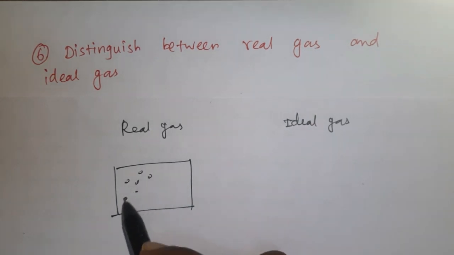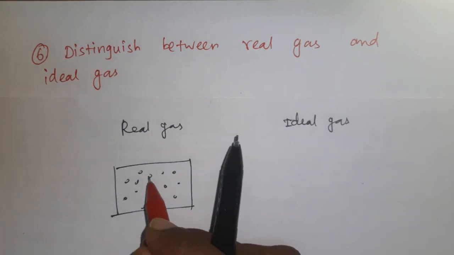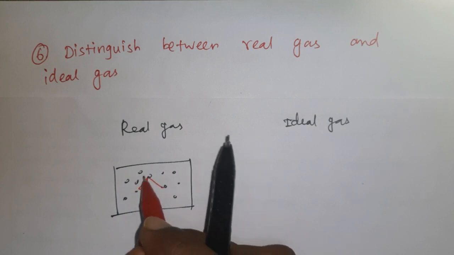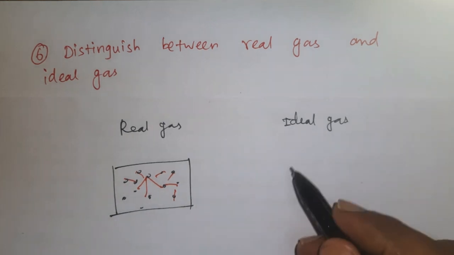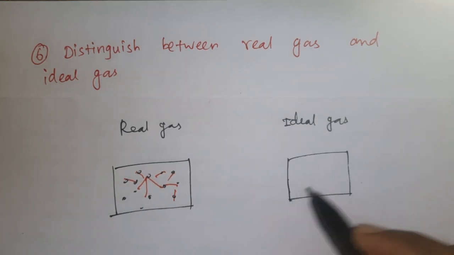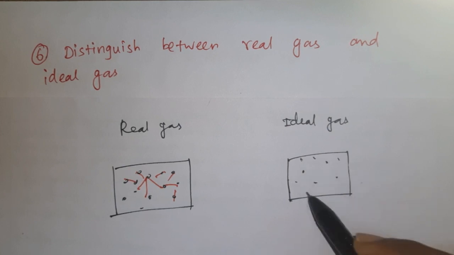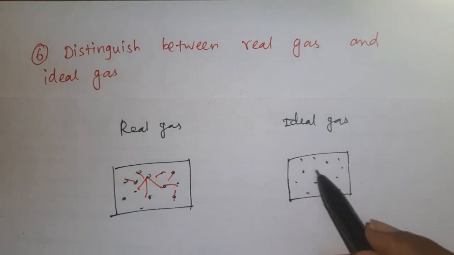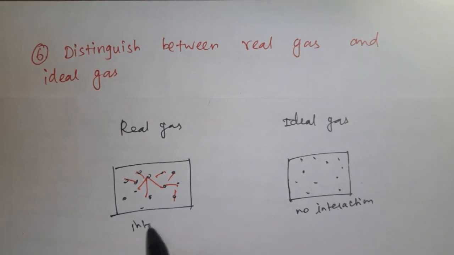The real gas contains atoms or molecules, so there will be interactions between the molecules or atoms. But in ideal gas, the container contains a number of atoms and molecules, but there is no interaction. Here no interaction. Here there is an interaction.